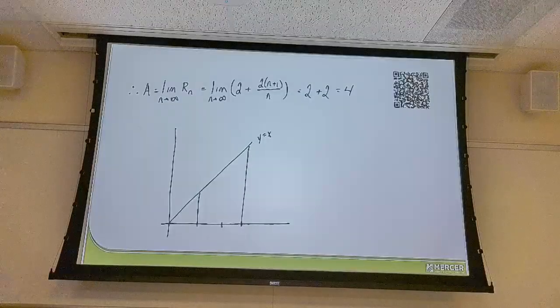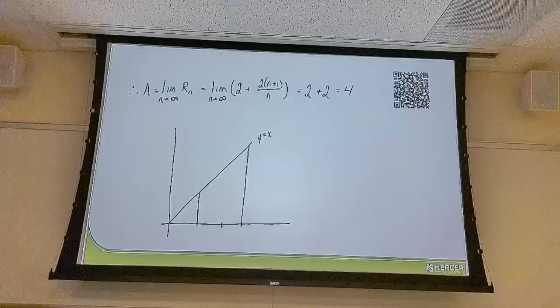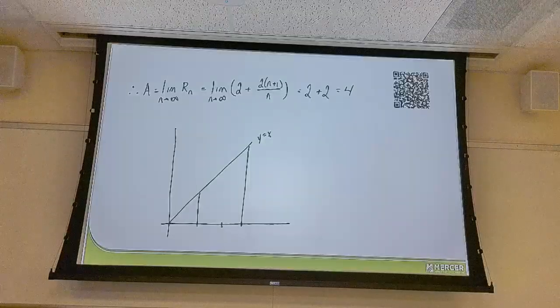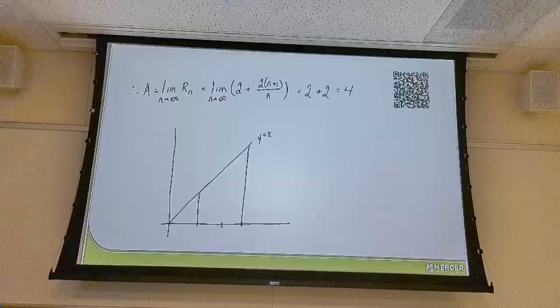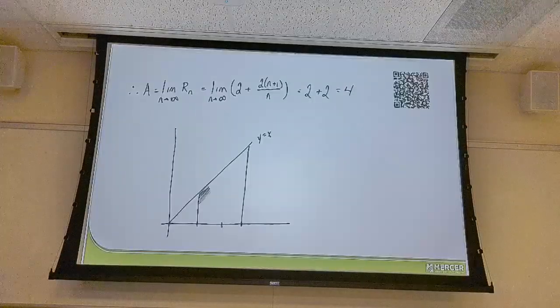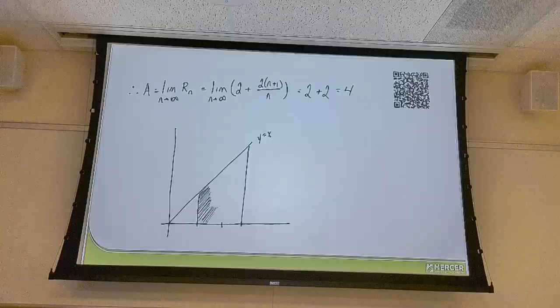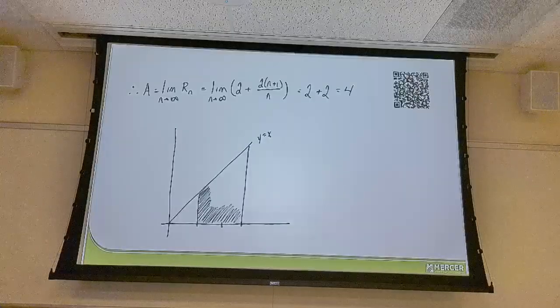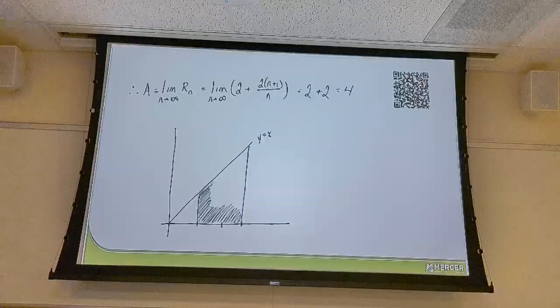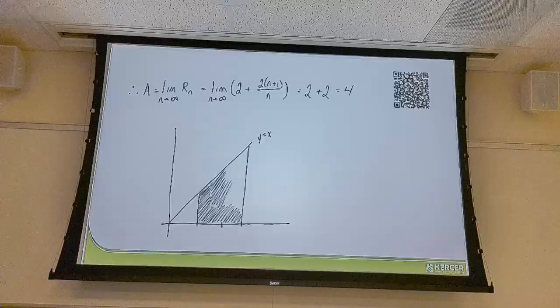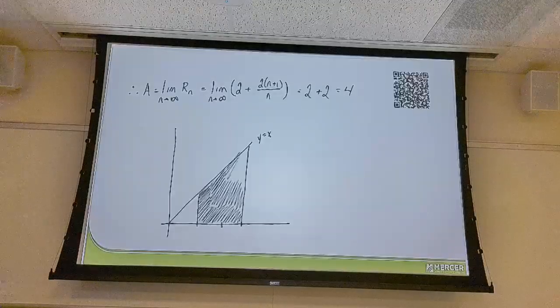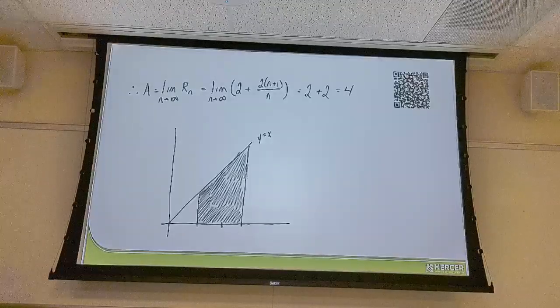So the area we're looking for, that area, right?